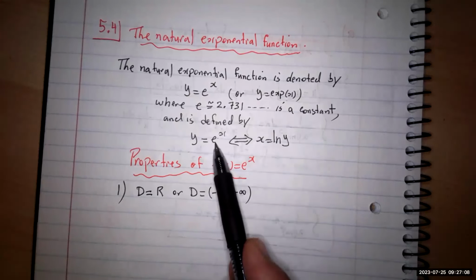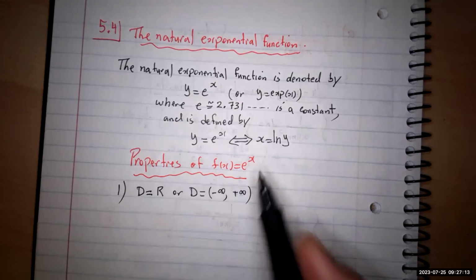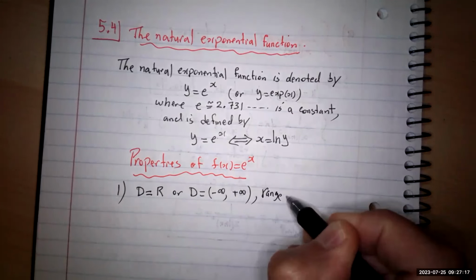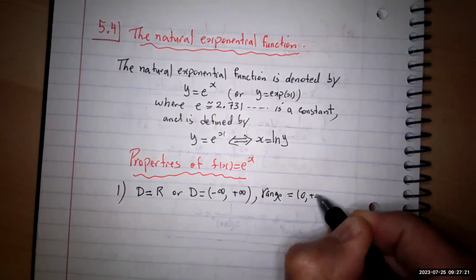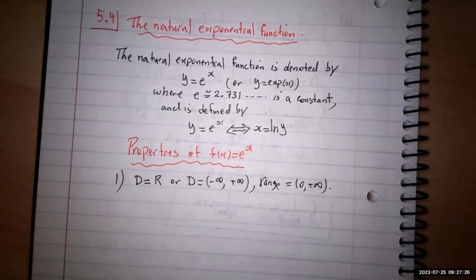If you have a positive number raised to a number, the result is always positive. So the range of this function happens to be positive numbers only. This means e to the x is never negative. e to the x is always a positive number. Okay, this is one property.